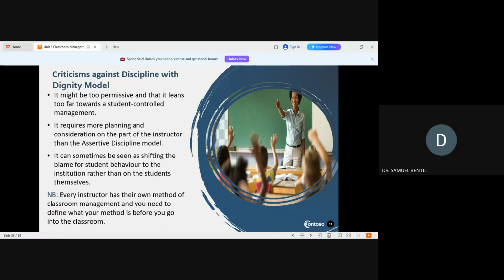And at times it can be seen as shifting the blame from students to other institutions rather than the student taking responsibility for themselves. The truth of the matter is that if I know that when I misbehave, I'm going to get 5 lashes and I don't want to die alone, I would want to shift the blame from one point to another. So there are instances where when someone is questioned, they say, it's not me, it was John who pushed me.